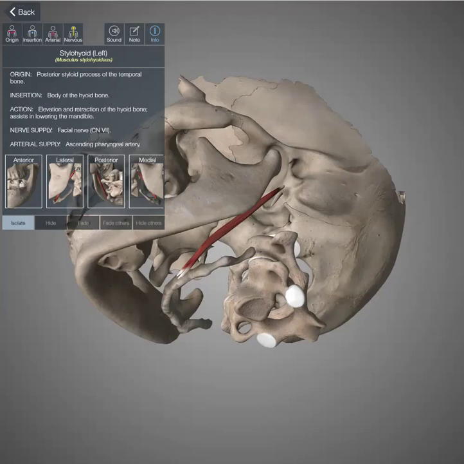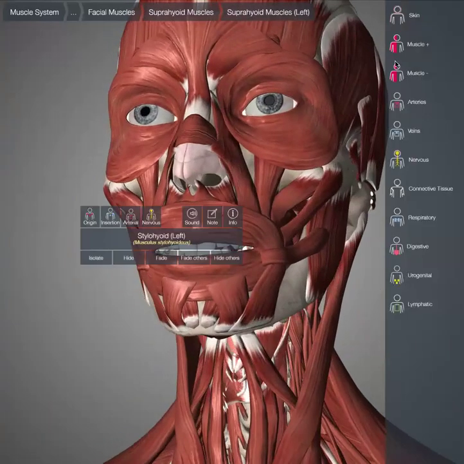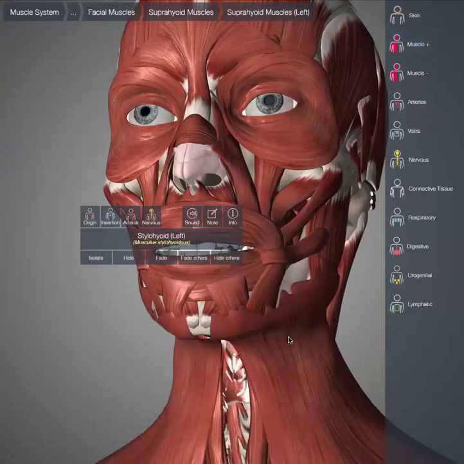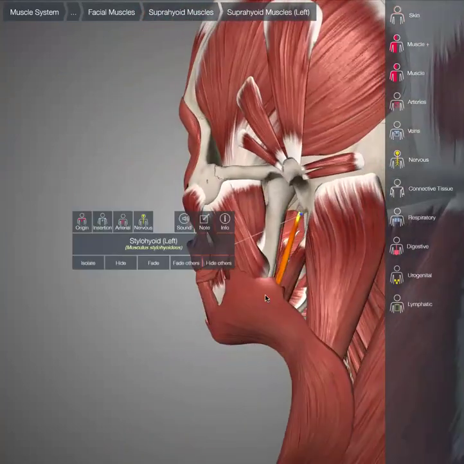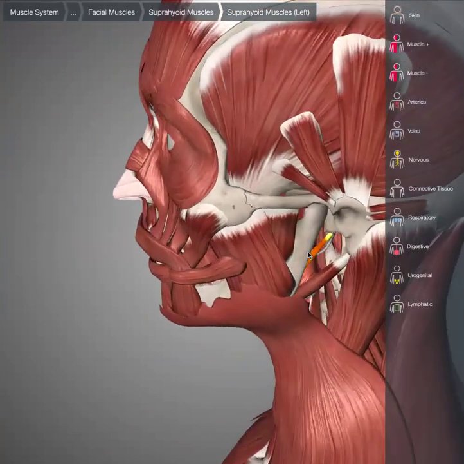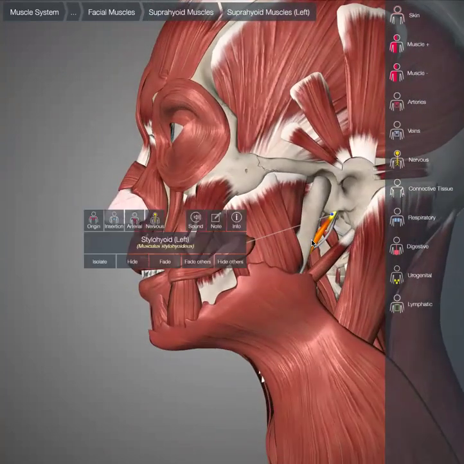When you talk about the cervical branch, buccal branch, zygomatic branch, temporal branch, or the marginal mandibular branch, these five branches are cutaneous. They innervate muscles that are most superficial in the skin, and that's why it's the platysma, which is so superficial. The stylohyoid muscle is deeper, so it needs something deeper.